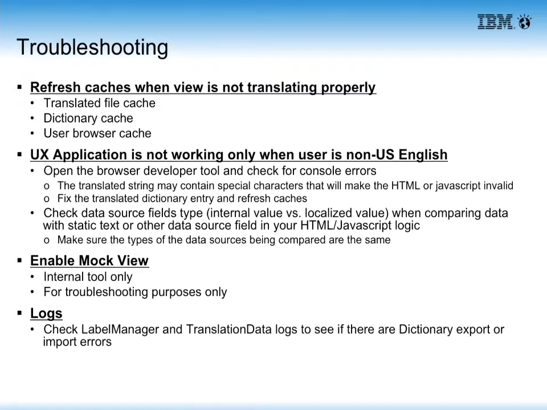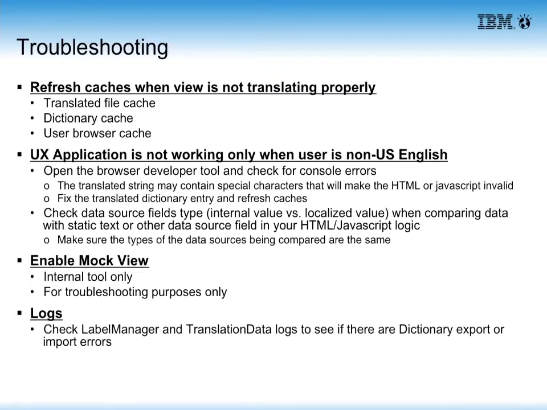Sometimes the translated string or text of your dictionary entry may have special characters that will make the JavaScript or the HTML file invalid. So if you can find that, and it's showing in the console errors, then you can try fixing or updating the translation for that dictionary entry, and then refresh the caches as mentioned above.